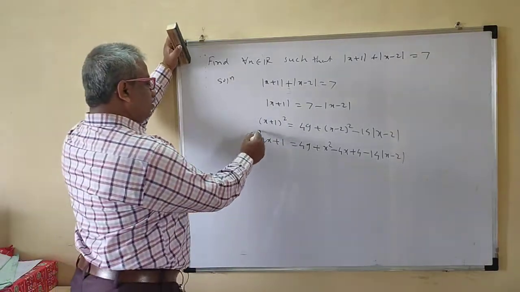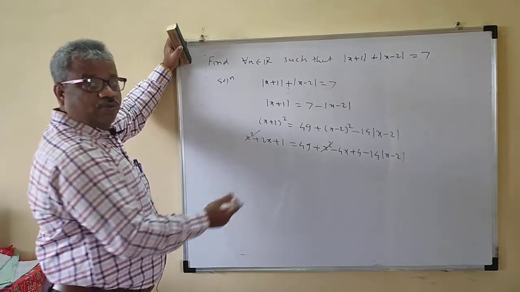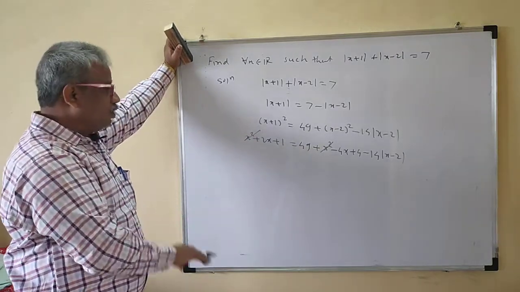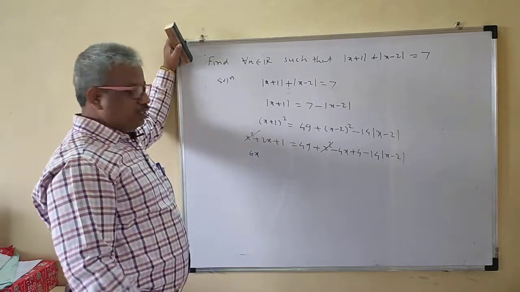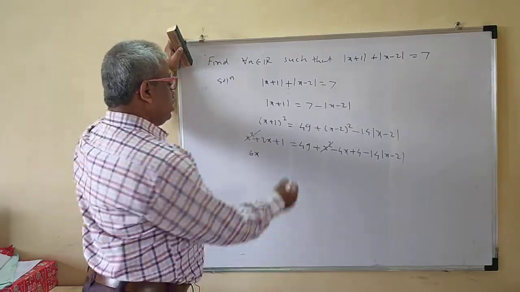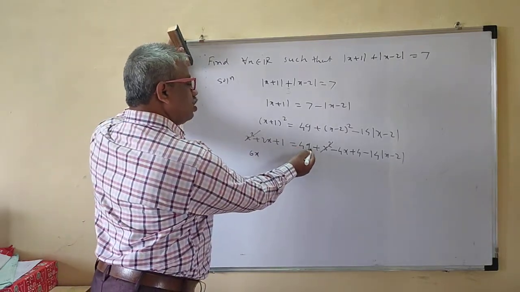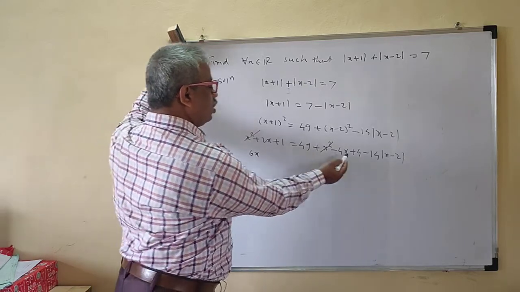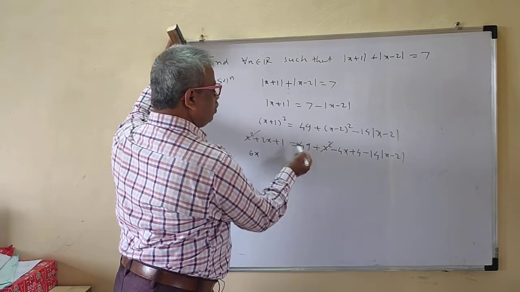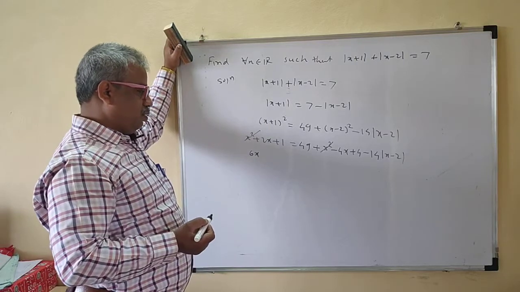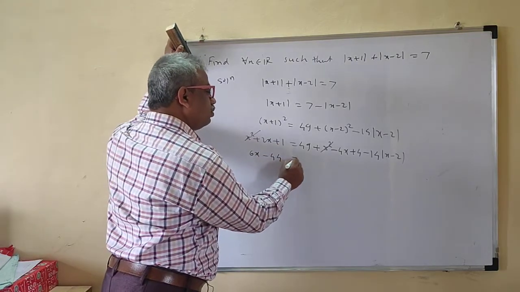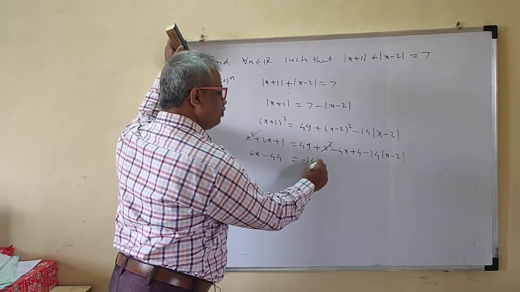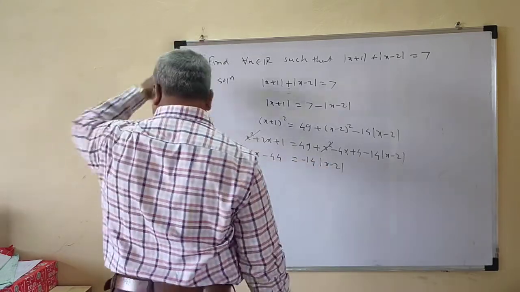So these get cancelled. I will shift all the terms to this side, and what we get? This is 6x, this is 6x. Then this 4 is here. So this is 45, this is 45 minus 44 then. Minus 14 mod of x minus 2.